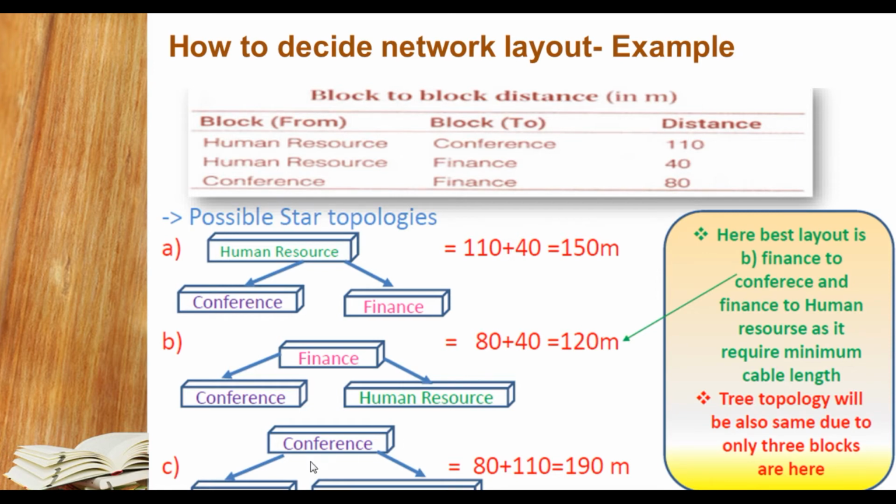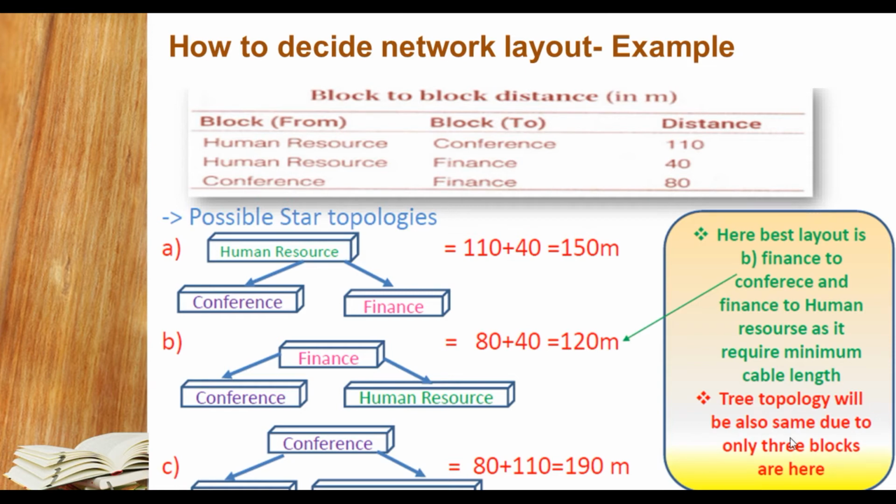And conference to finance is 80, conference to human resource is 110, that is 190. So 120 meter is the shortest length of cable required. The best layout is finance to conference and finance to human resource, which requires minimum cable length.